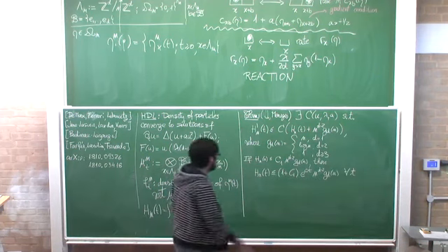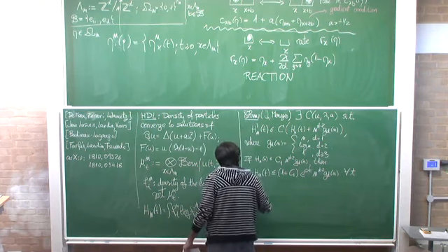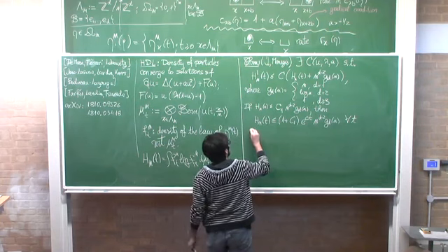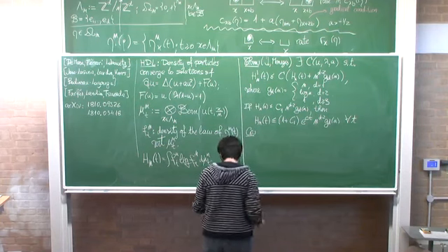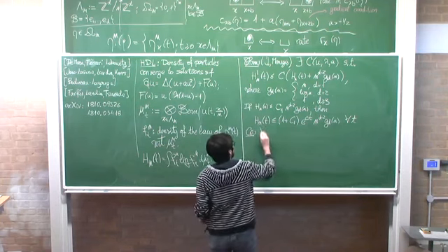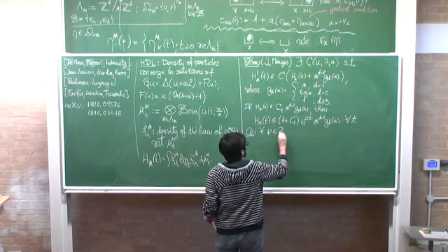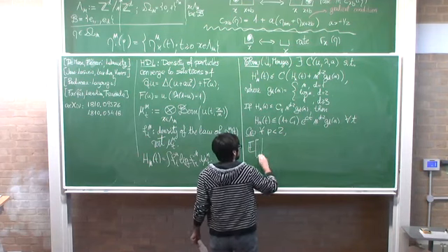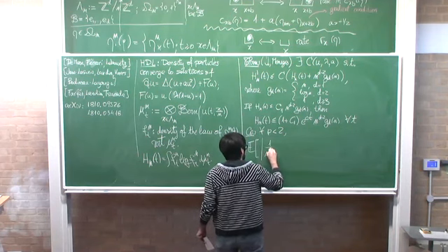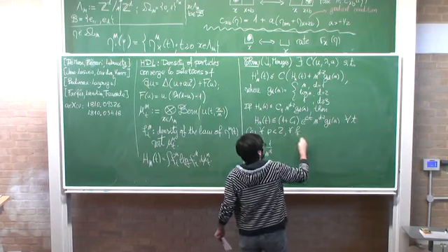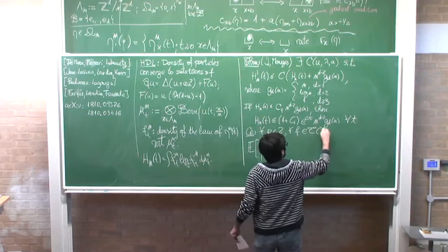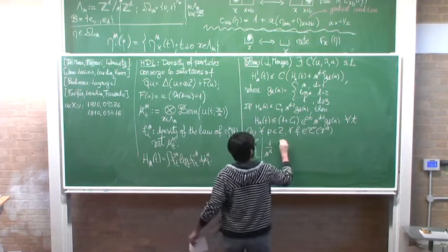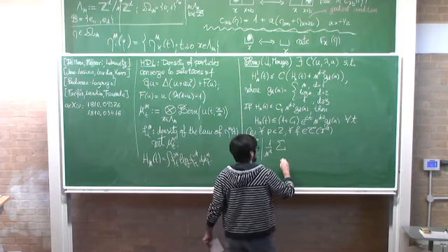Okay, so why is this a version of the hydrodynamic limit? Because you have the following corollary. For any p smaller than 2, for any function f which is continuous on the torus of dimension d, the following is true.